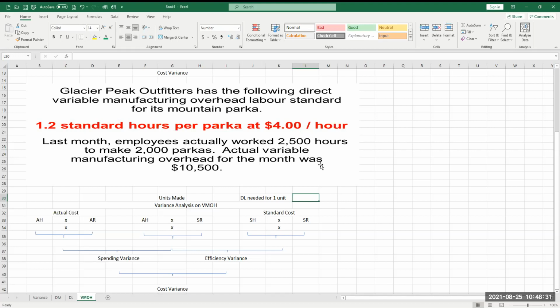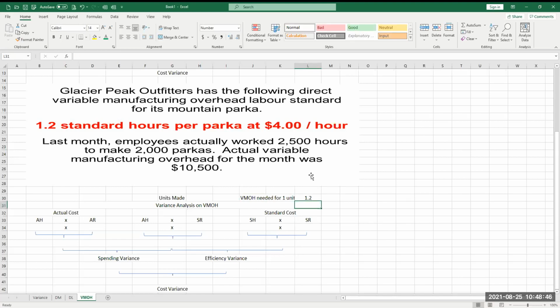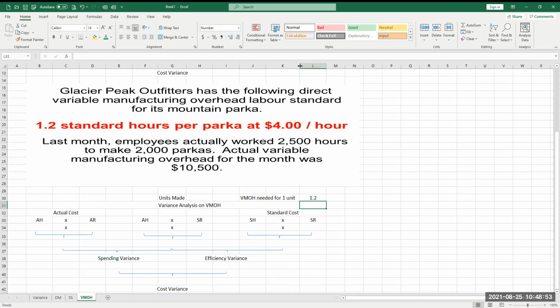Do I know how many hours of variable manufacturing overhead I need to allocate for one unit? 1.2. The next question: do I know my standard rate per hour for variable manufacturing overhead? $4, right? Yes, $4.